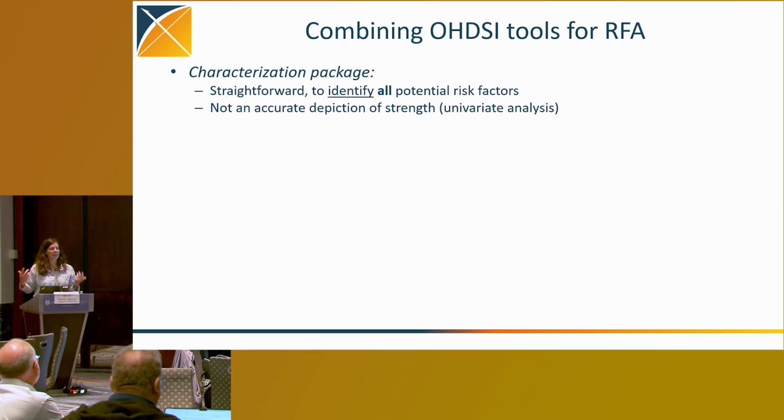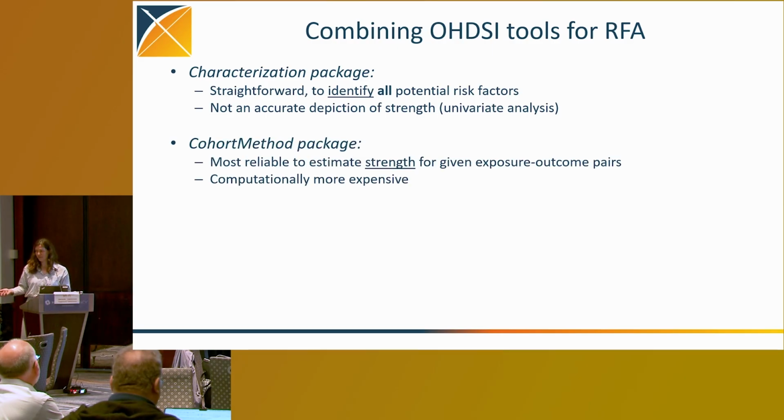However, it might not be an accurate depiction of the strength of this relation, because you purely look at a univariate analysis between the risk factor and the outcome. There might be other variables that are also affecting that relationship, and so the effect might be due to something else that is either a collider, a moderator, any of the variables I showed you earlier.